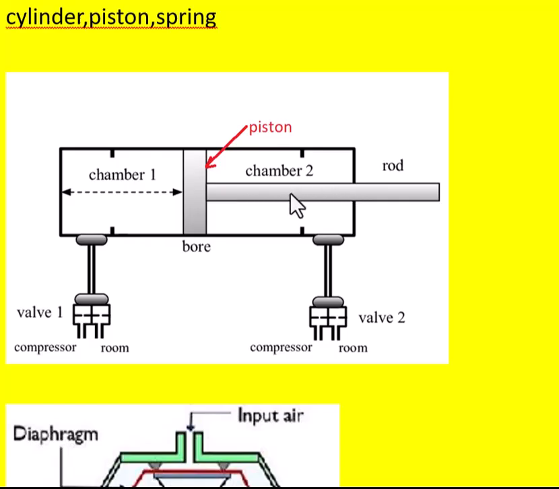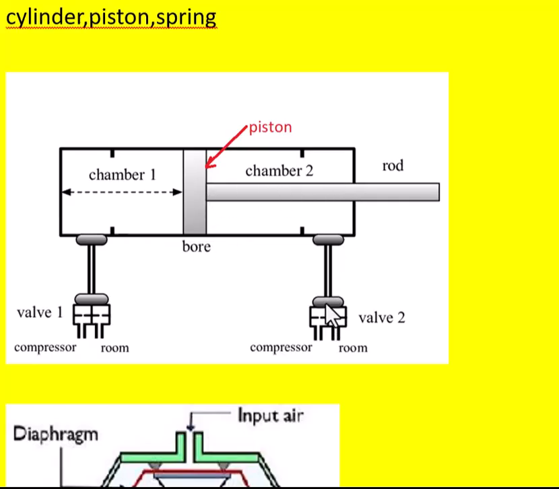This piston rod will also have what is called the spring. The purpose of the spring is also to bring it back to its original position. Sometimes spring pressure is enough to bring this piston back to its original position.